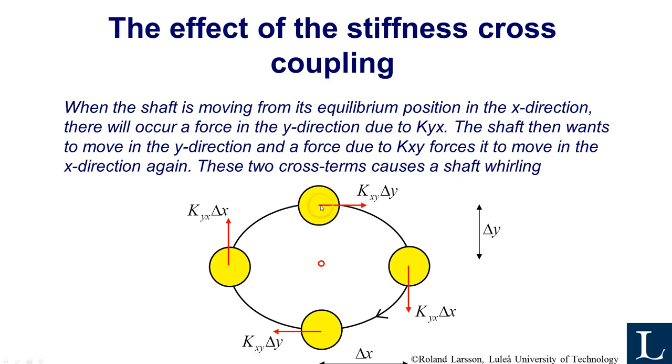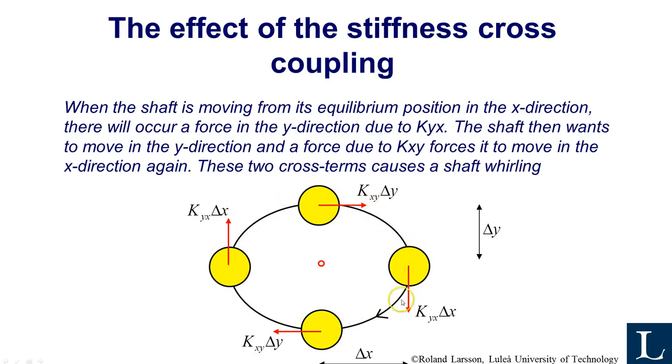So it wants to move in this direction, and when it has moved a certain distance delta x, it's the same thing: the kyx term wants to move it in the y direction, and this will give you a kind of circular motion. So it's actually a self-induced force that wants to move it away from the stability point.